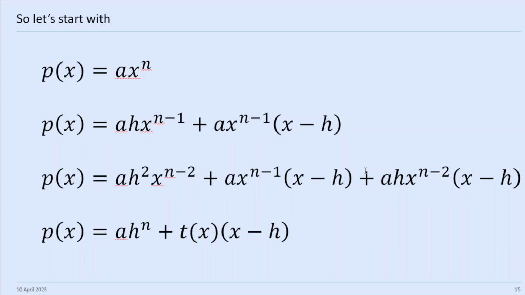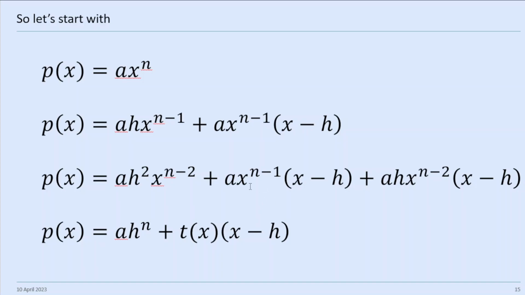But the point about this is that this polynomial, ah squared x to the n minus 2, must have the same remainder when it's divided by x minus h as the original polynomial did, because all we've done is added on a bunch of x minus h's, which shouldn't make any difference to the remainder when we divide by x minus h.